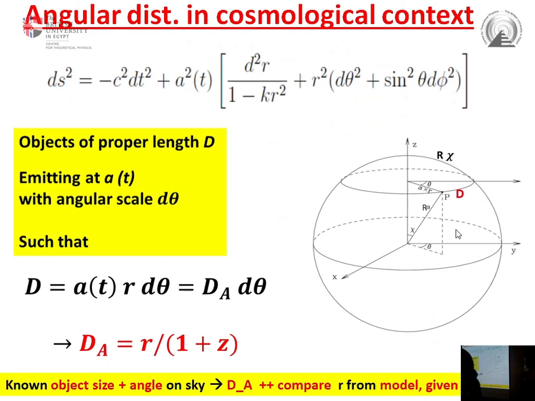Then I can calculate from the theta angle, and knowing d, I can calculate r. This is the FRW coordinate that multiplies the angle. So this is different from the geodesic distance that we've been calculating. The comoving distance is that, and this is the angular diameter distance. But they're related. We know how to relate them.